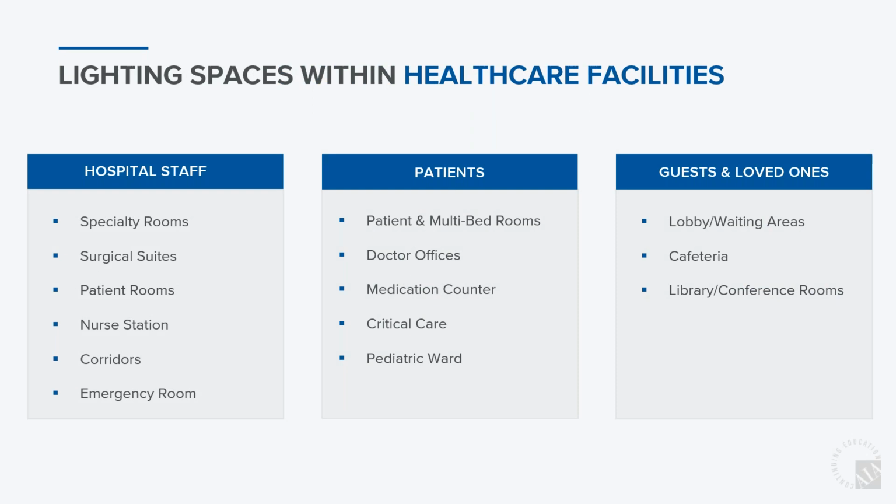Looking at lighting spaces within healthcare facilities, all the individuals coming in and out of the healthcare facilities are going to be looking for, or need, different things within the lighting realm. From birthing centers to surgical suites, the lighting must accommodate the specific health related tasks performed within the space.